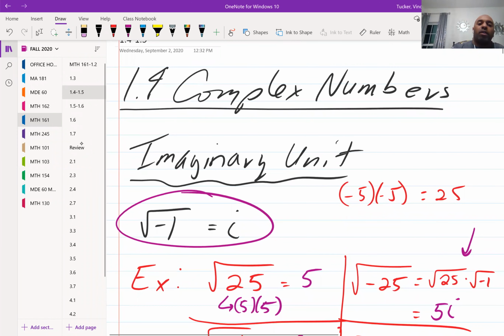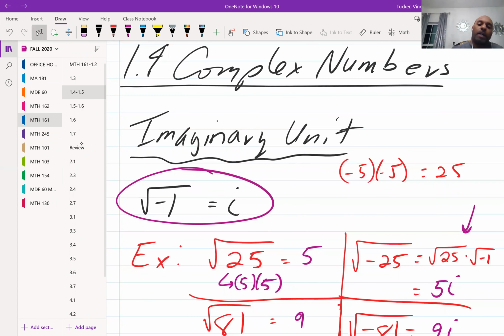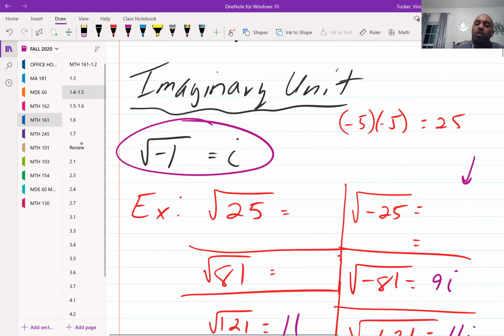Imaginary unit is right here, the square root of negative 1. I'm gonna erase some of this stuff so it doesn't get in the way of discussion, and we'll walk through it. Some of you may already be cool with it. Square root of negative 1 is i.